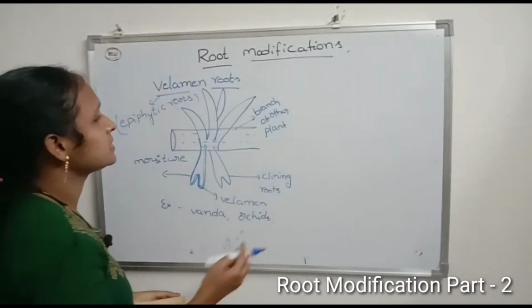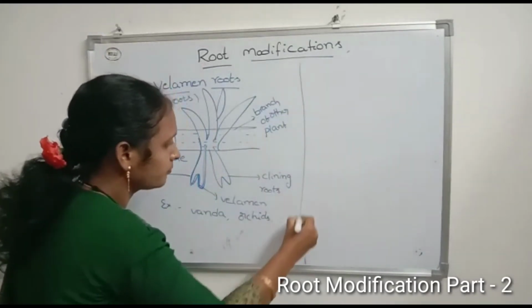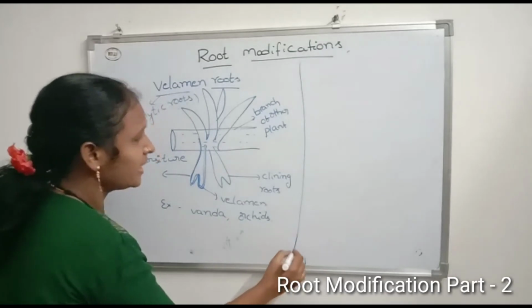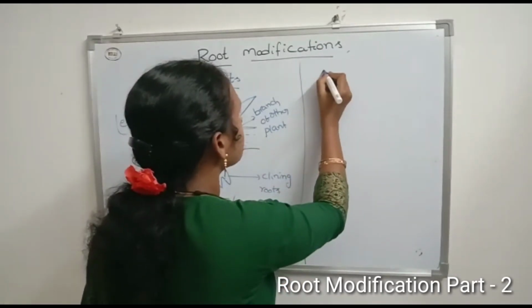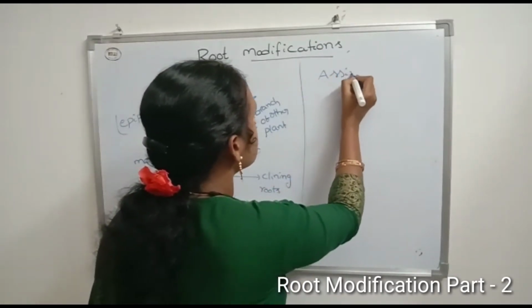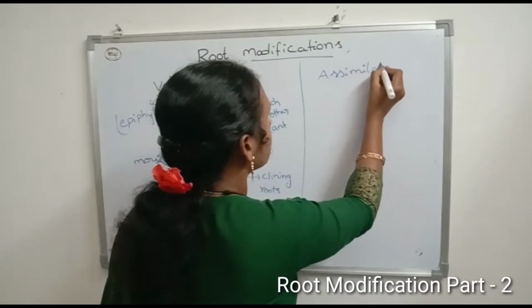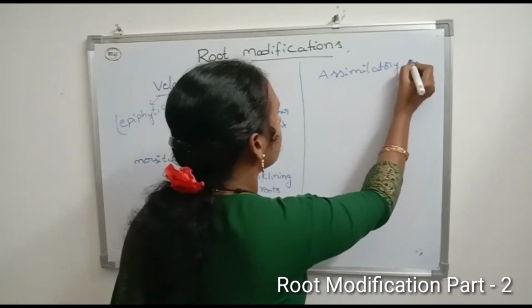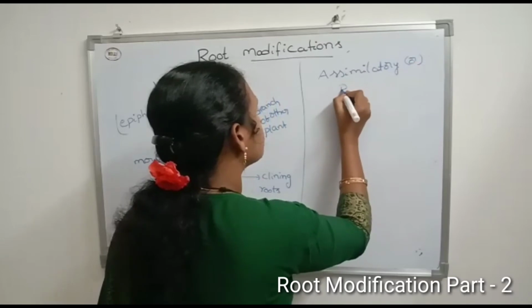And the next one is assimilatory roots, or photosynthetic roots.